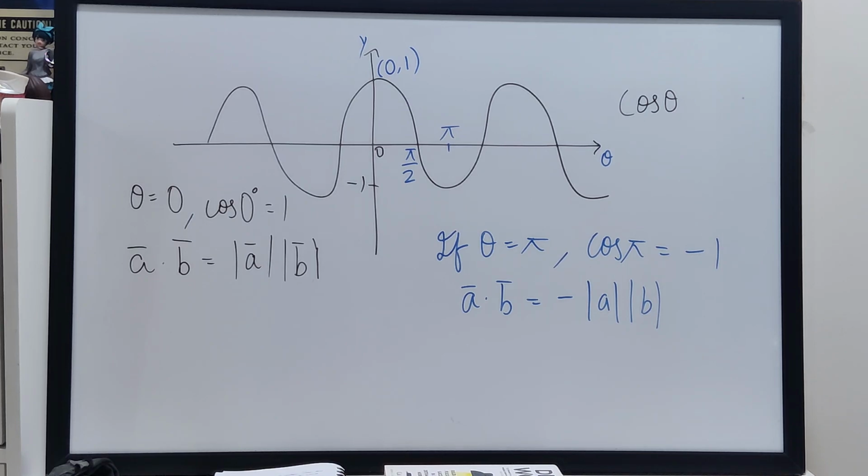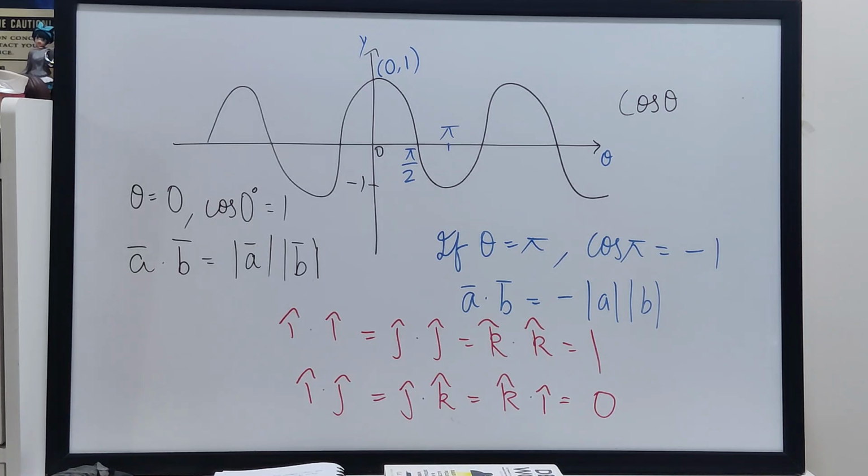So we can conclude that I dot I, J dot J and K dot K will be equal to 1 because the angle that I makes with I will be 0 and cos 0 is 1. Similarly, the angle that I makes with J is 90 degrees.